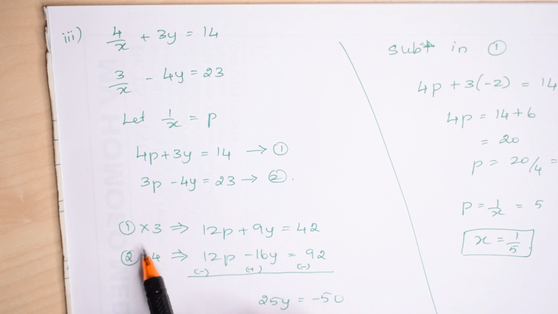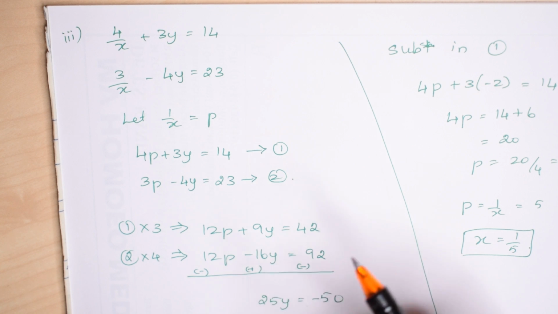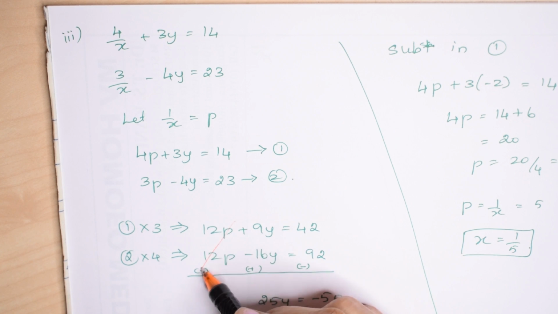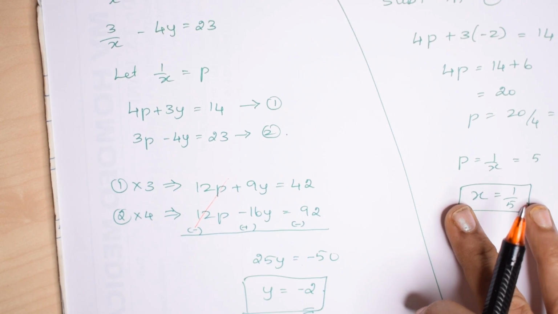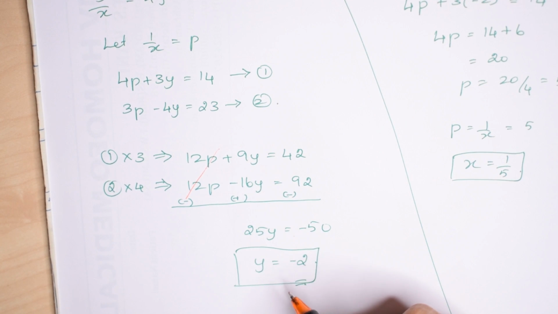Then I am multiplying the first equation with 3 and it turns out to be this. The second equation with 4 and I am again cancelling the p term. The remaining is 25y is equal to minus 50 and so y is equal to minus 2.